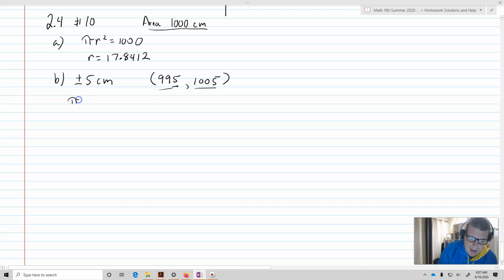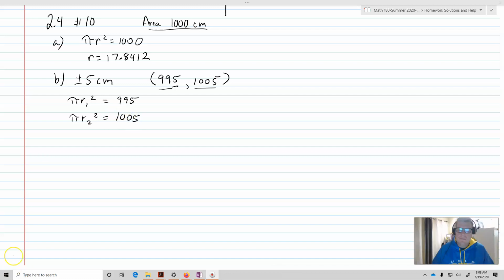So again, we'll take pi r1 squared equals 995, and we'll take pi r2 squared equals 1005.